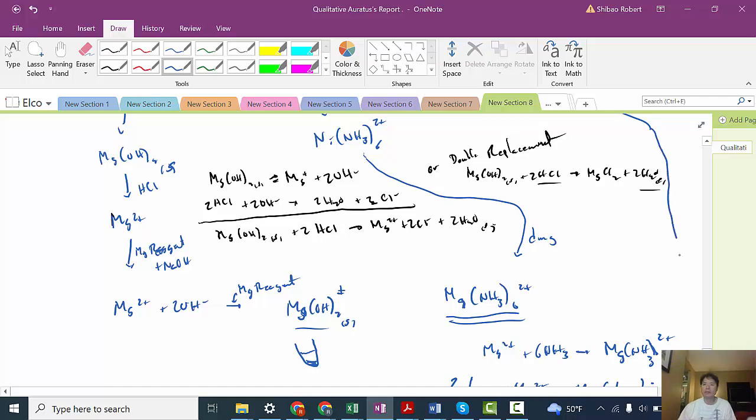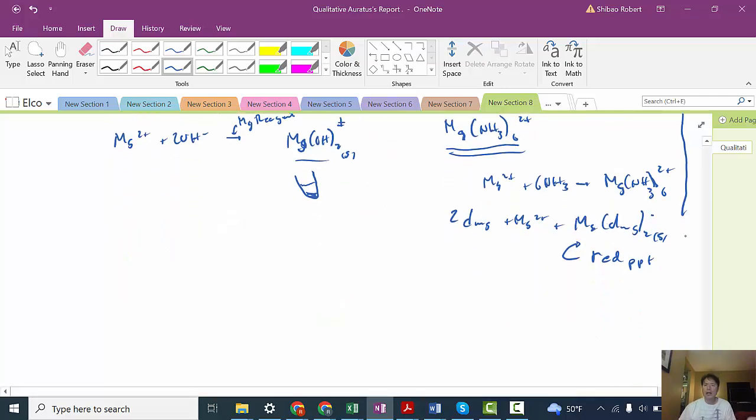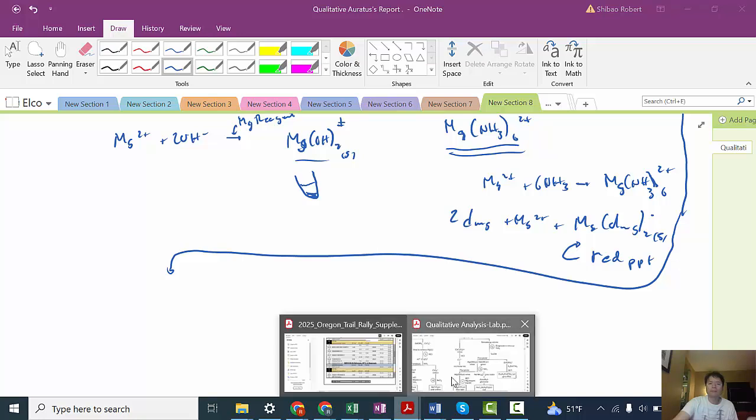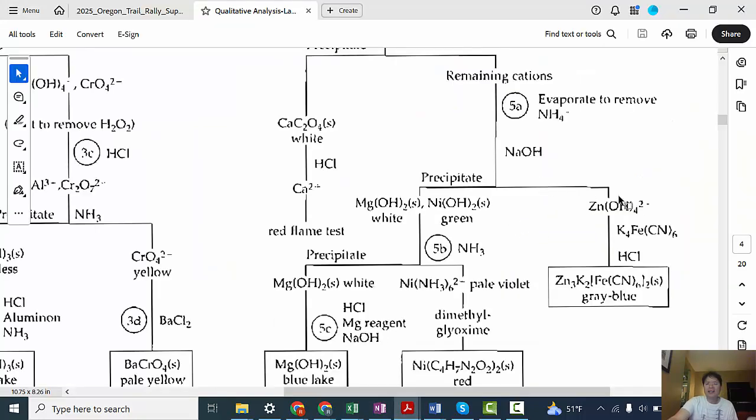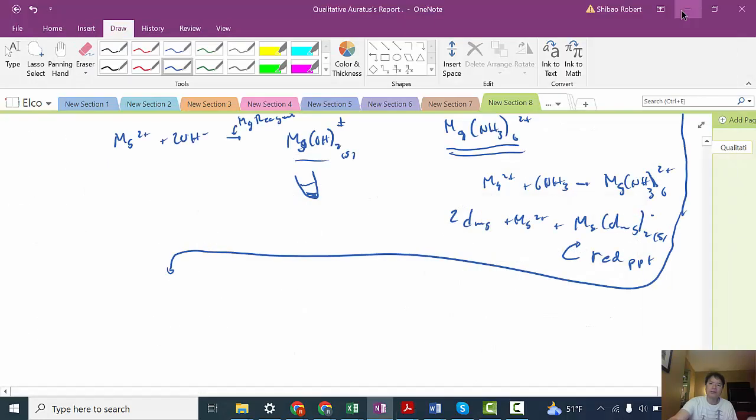Then I'm going to drop this all the way down. Okay. So basically, it looks like they're just adding this potassium hexacyanoferrate and HCl. Okay, the purpose of the HCl is to break up the complex to free up the Zn2+ ions. And so let's do that reaction first. One is we're adding HCl.